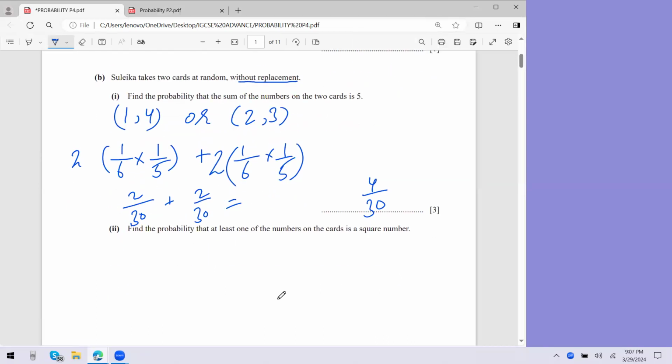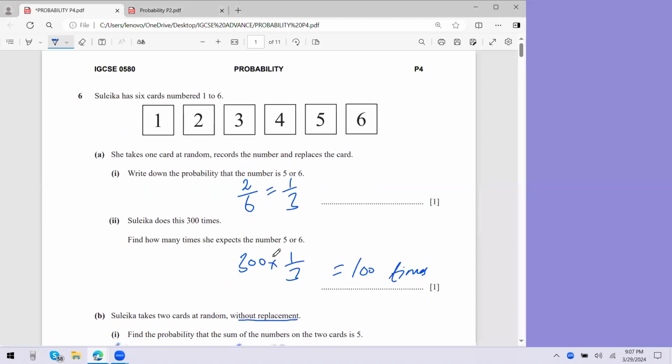Next, find the probability that at least one of the numbers on the card is a square number. What are the square numbers here? There is 1 and there is 4, right? No other square number.